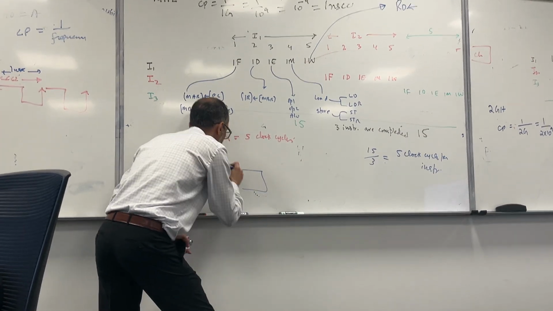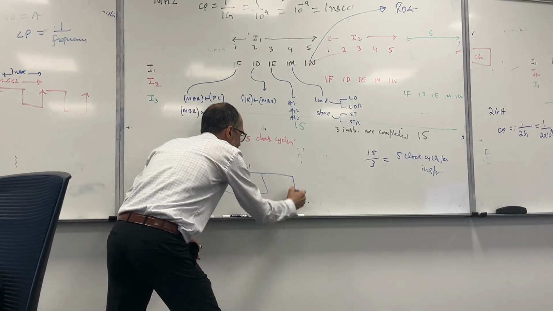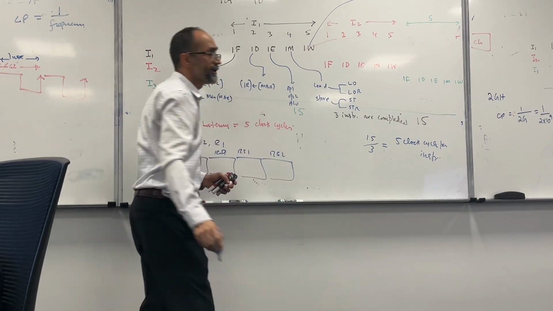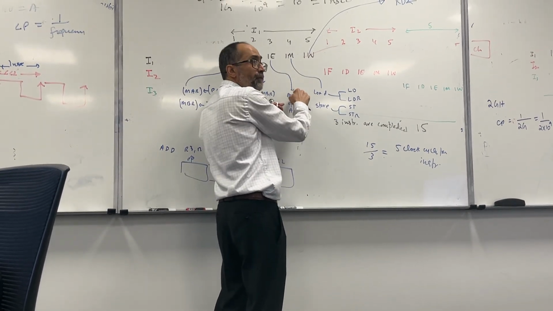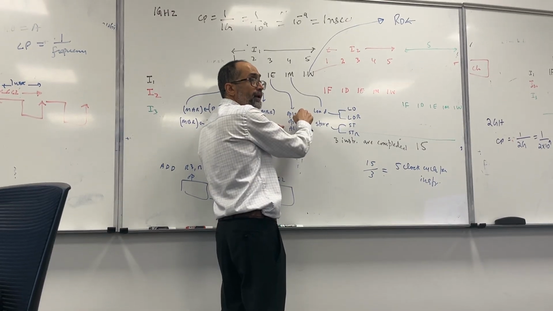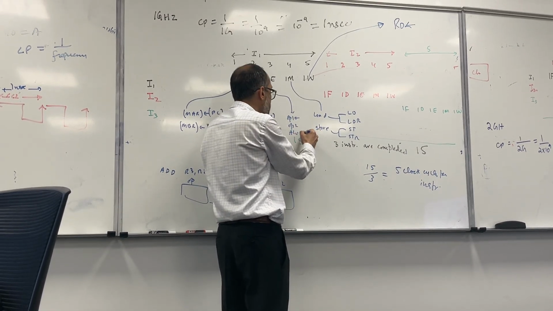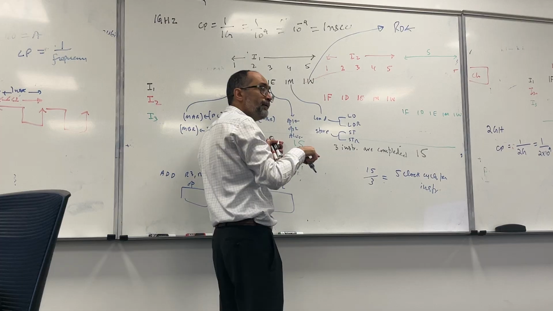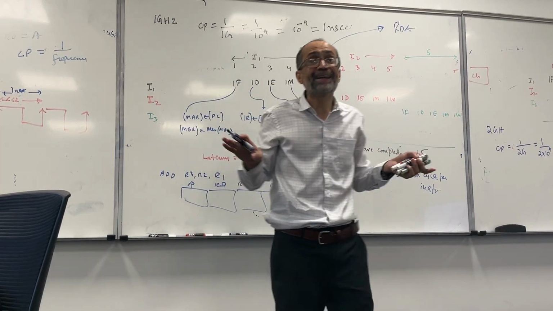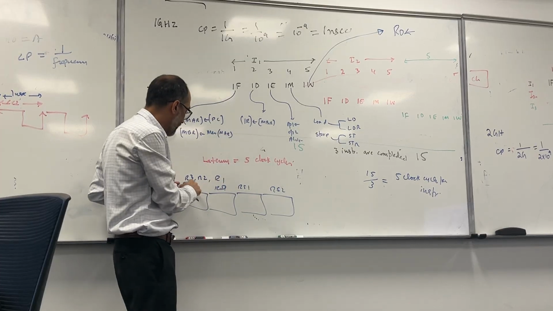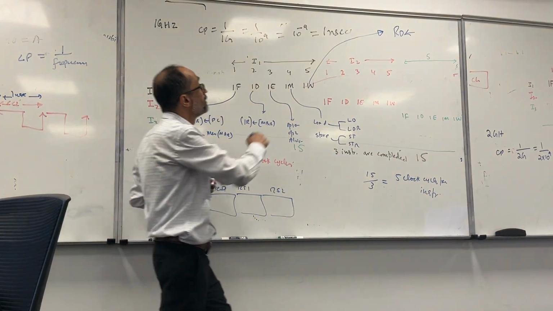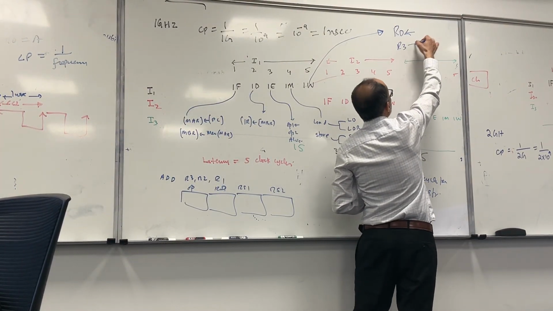RD, RS1, and then RS2. Op1 will contain the content of RS1. Op2 will contain the content of RS2. And then we have an ALU, and ALU will be op1 plus op2. The memory stage will not be used for the add instruction. And in the write back stage, which register are we overwriting? R3, which is actually the RD.